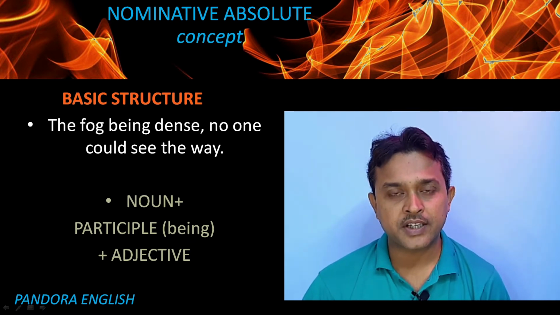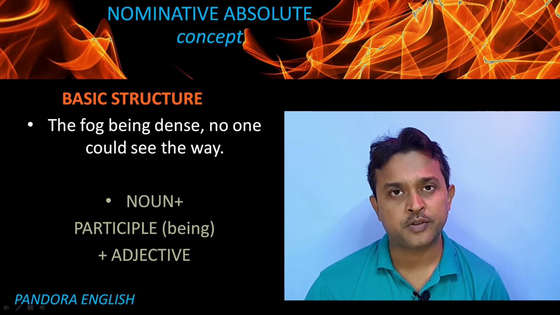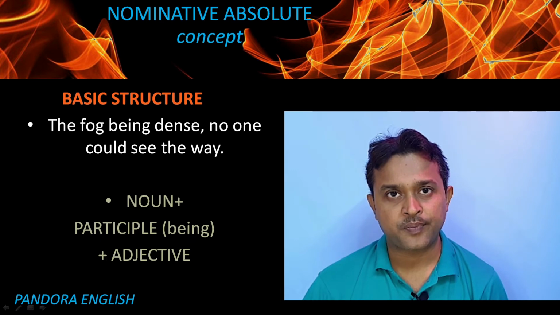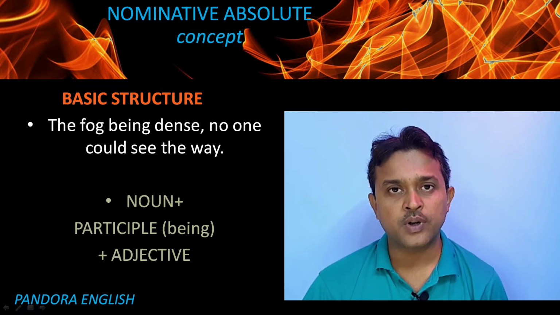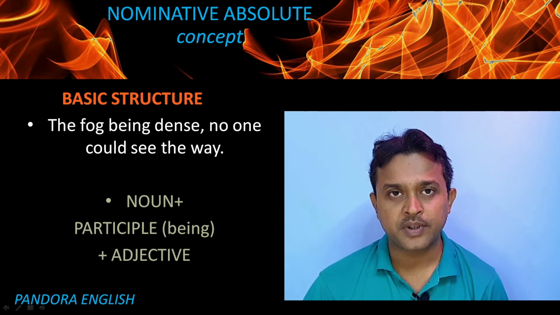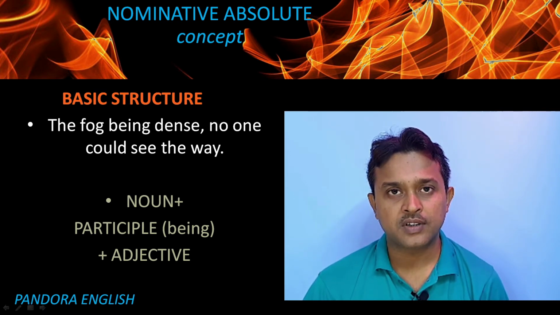Here we have taken up the first type of nominative absolute formation, that is a noun plus a participle plus an adjective. The fog being dense, no one could see the way. Here the fog is the noun, being is the participle, and the adjective dense is following it.